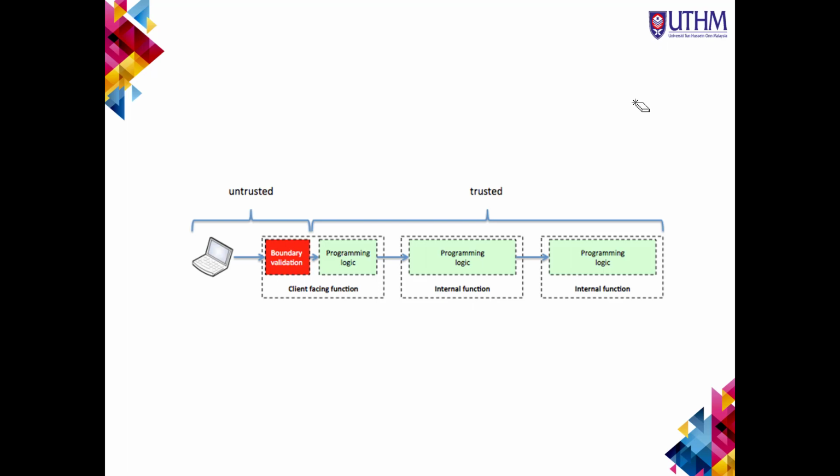We provide this boundary validation. It is a function, a program, a tool, maybe an external third-party application that is used to check the data that will be used by the source code or programming language.